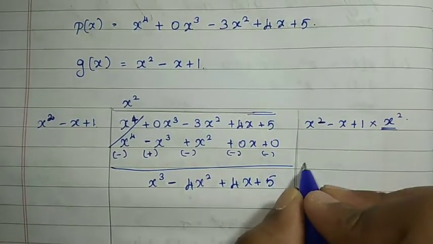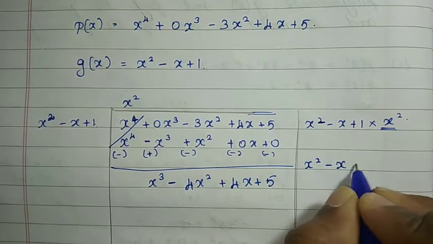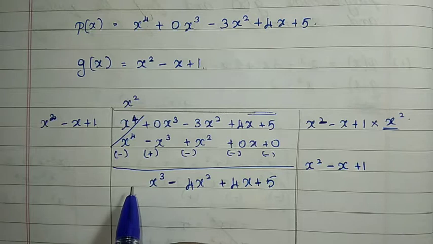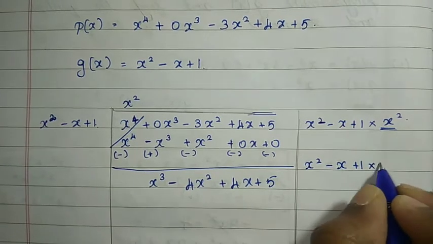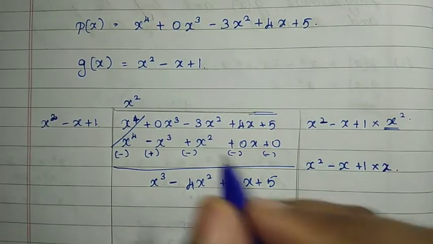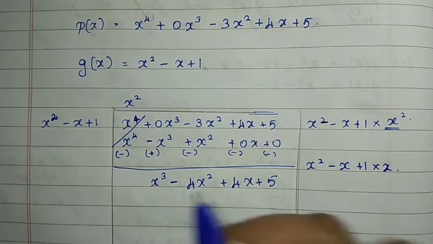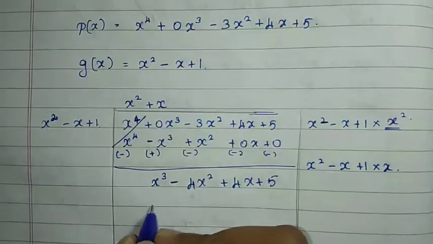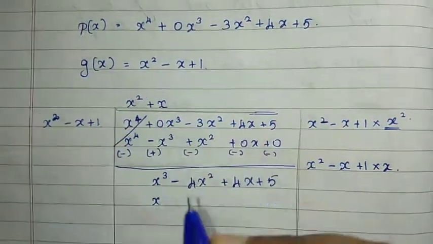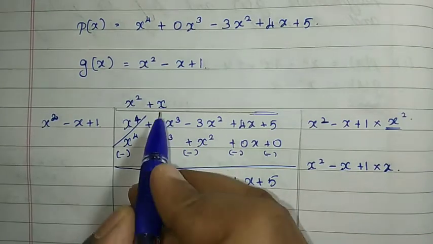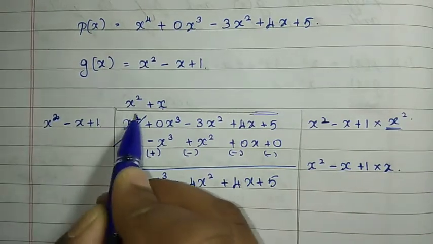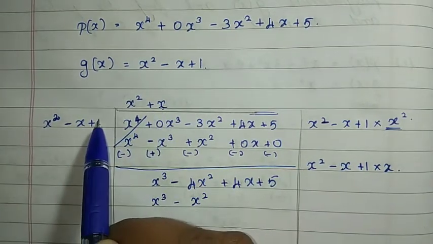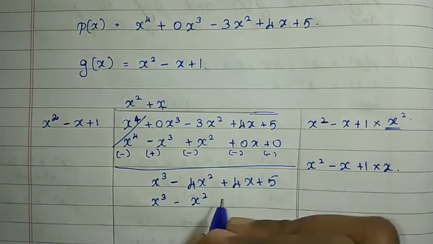So now I have x square minus x plus 1 in g of x. I have to have x cube. Is there any coefficient? No, nothing. So I will directly multiply with x. So x square into x is x cube, minus x into x is minus x square, and here plus x into 1 is x only.